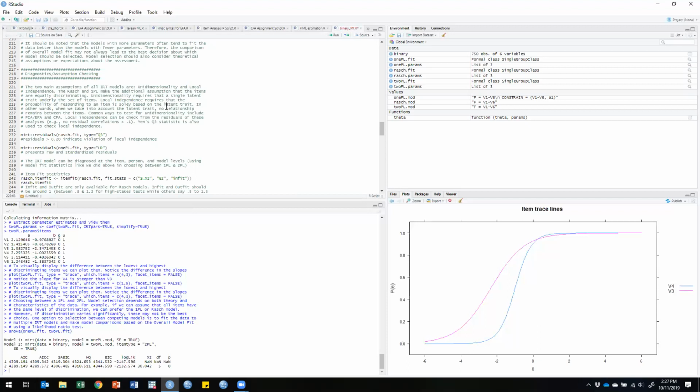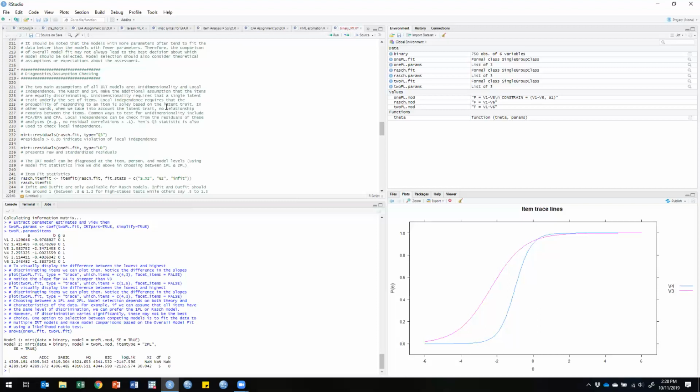The only reason these six items are related to each other is because of that latent construct. If there's any remaining relationship between the variables, that's a violation of the local independence assumption.